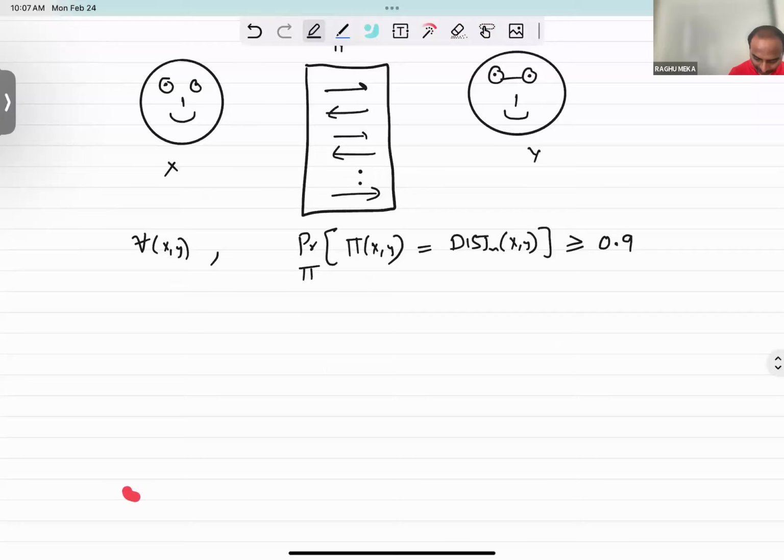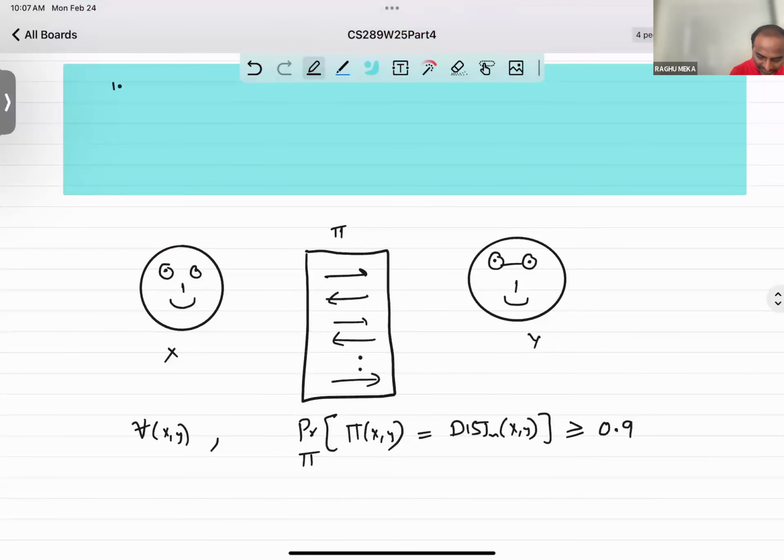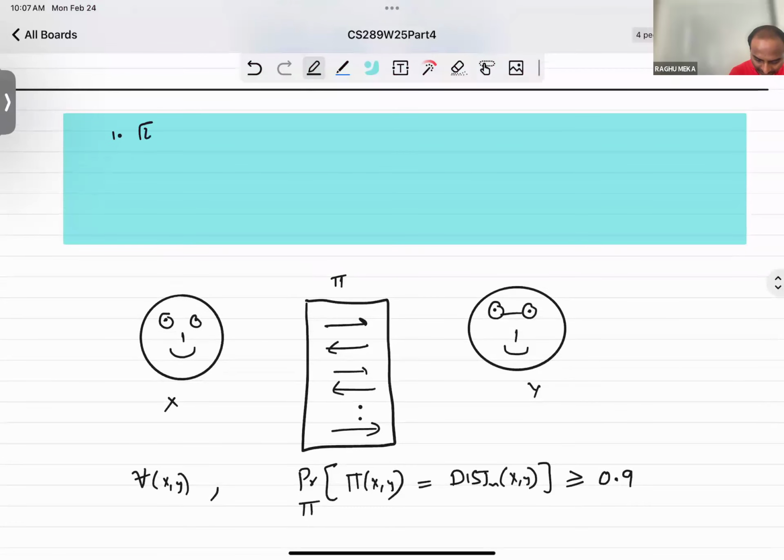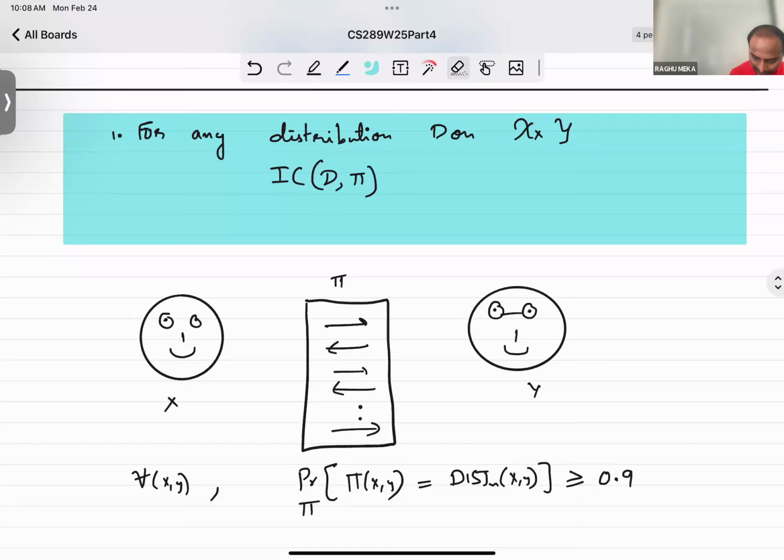So what do we know about this setting? One, for any distribution, let me call it mu, we always know that the information cost of the protocol with respect to this distribution is at most the length of the protocol.